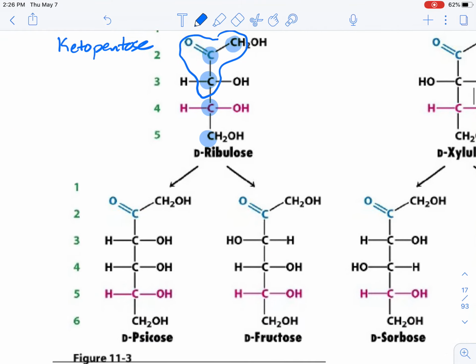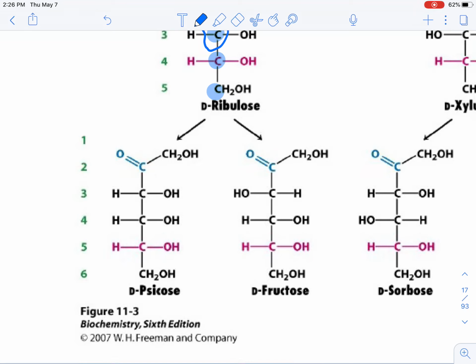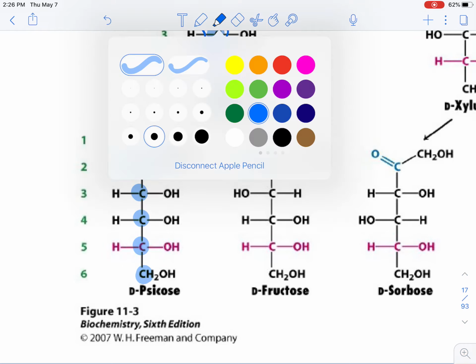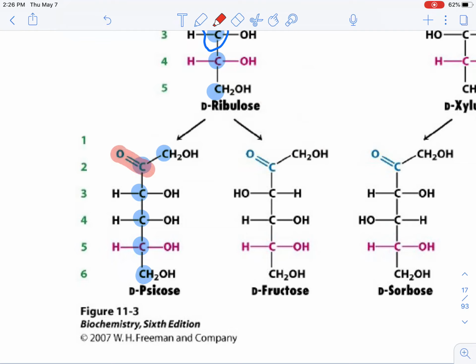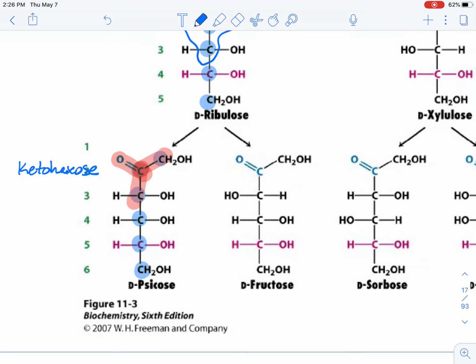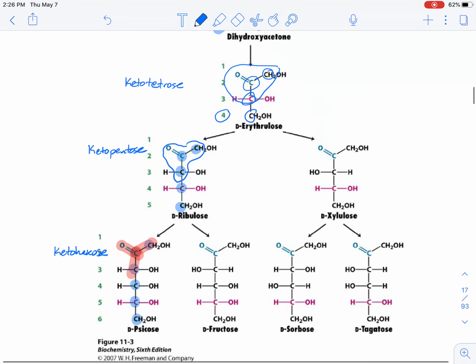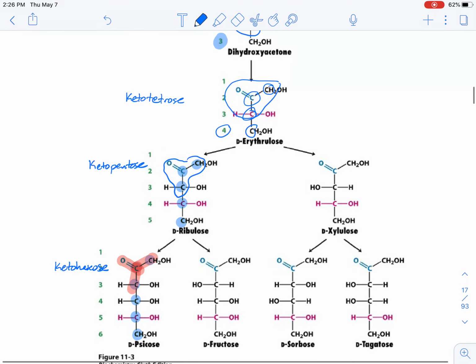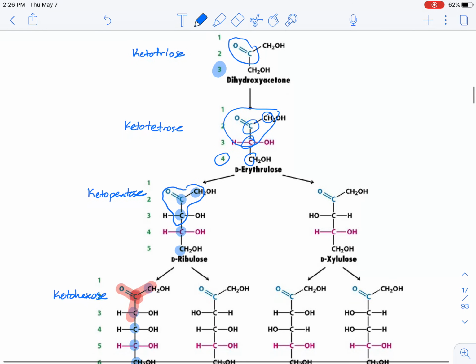And last but not least, here I have a 6-carbon sugar, 1, 2, 3, 4, 5, 6 carbons. Once again, I see a ketone functional group. This is going to be a ketohexose. All of this is just the classification of the names.